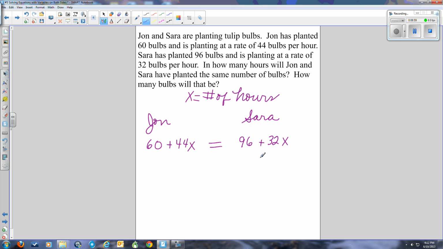Let's get all the variables on one side. So I'm going to move the 32x. So let's say I subtract 32x from each side. 32's cancel on the right. So I've got 60 plus, well, 44x minus 32x gives you 12x. And I want to now get x alone, so I'm going to have to subtract 60 from each side.